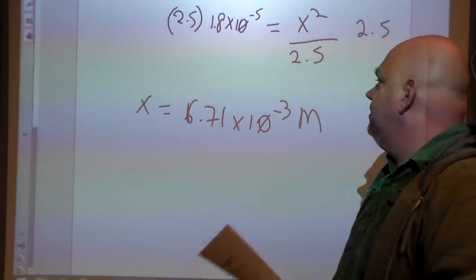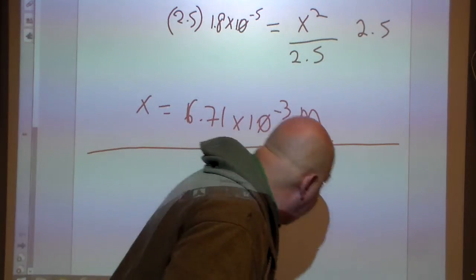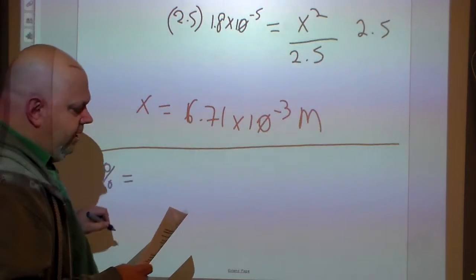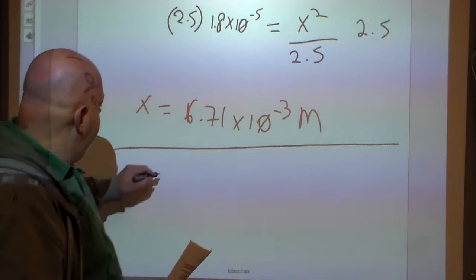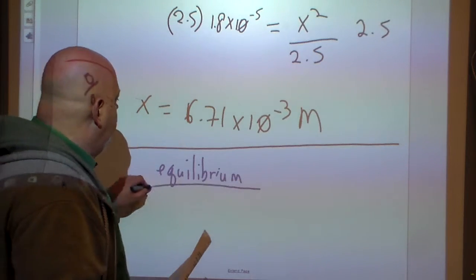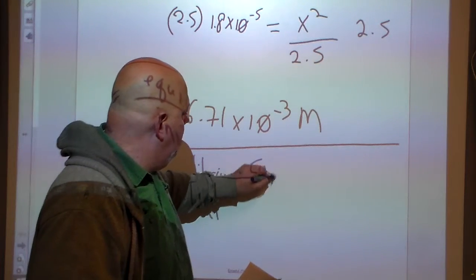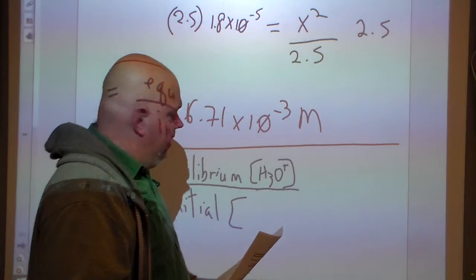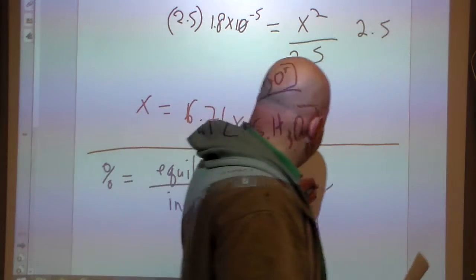Now, what about the percent dissociation? Percent dissociation equals the equilibrium concentration of our H3O+ over the initial concentration of our acid, HC2H3O2, times 100.